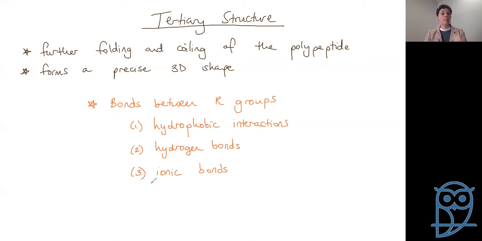The only covalent bond that we're going to get between those R groups is the disulfide bonds. But those, of course, are only between R groups which have sulfur in them. You can't get a disulfide bond if you don't have sulfur. So we have hydrophobic interactions, we have hydrogen bonds, we have ionic bonds, we have disulfide bonds.